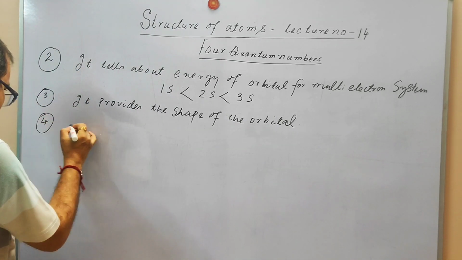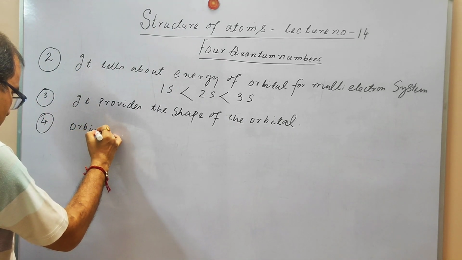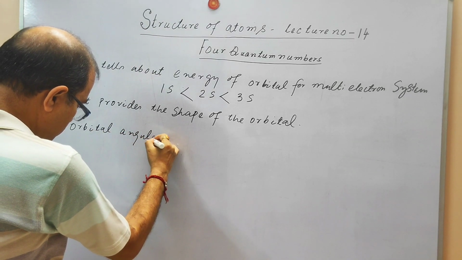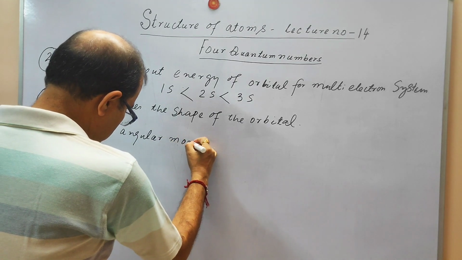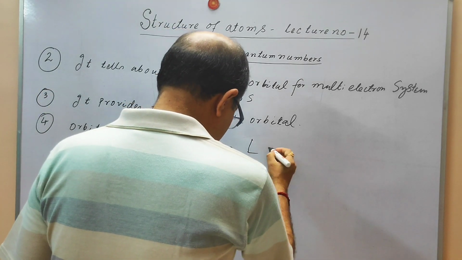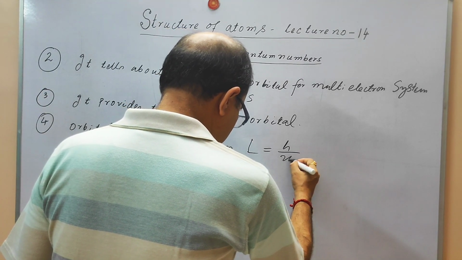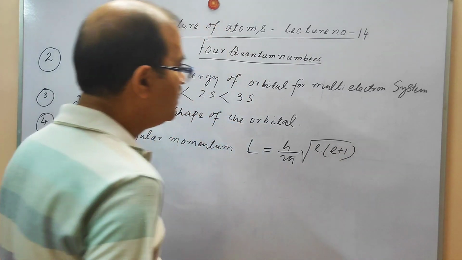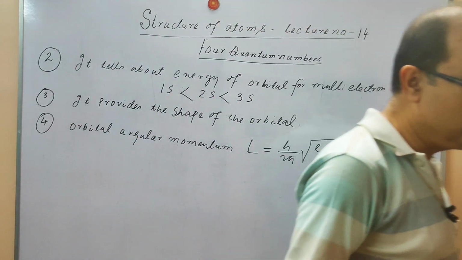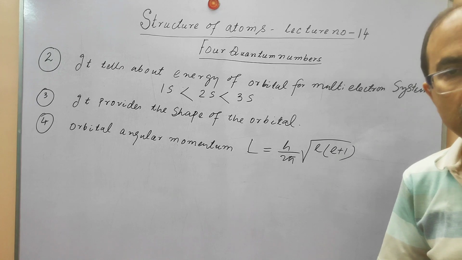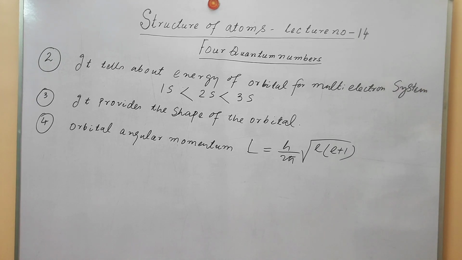And fourth is the orbital angular momentum, which is also given by the azimuthal quantum number. Angular momentum is represented by L, and it is given by h by 2 pi times the square root of l into l plus 1. So if you know the azimuthal quantum numbers 0, 1, 2, 3, as per the principal quantum number, it will give the orbital angular momentum.